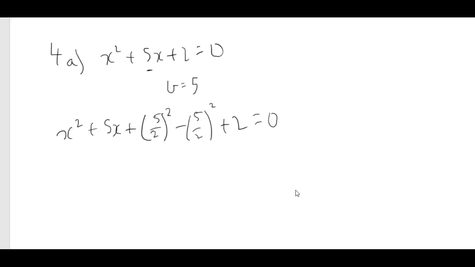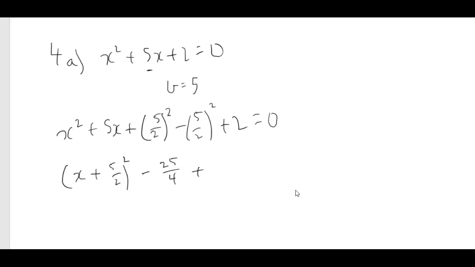All right, so we're factorizing the first three terms. Okay, so it's a perfect square, always will be a perfect square, and it'll be x plus whatever is in the brackets here. So x plus 5 on 2. Again, just leave it as a fraction. Then we've got minus 5 on 2 squared, so I'm going to square that. So 5 squared is 25, and 2 squared is 4.